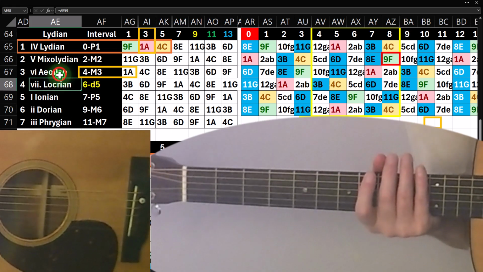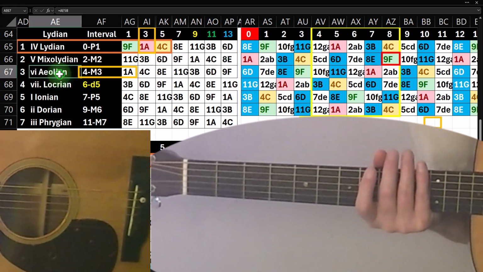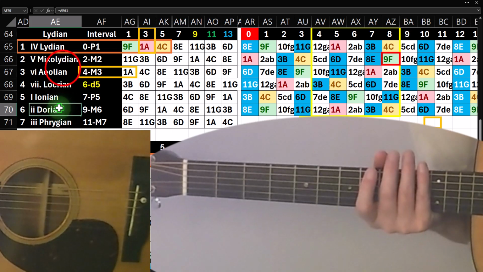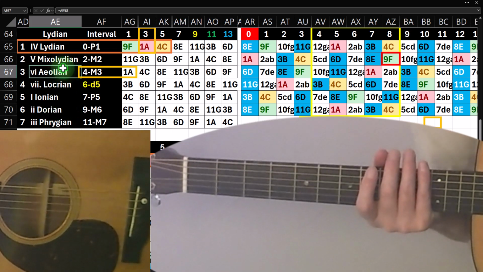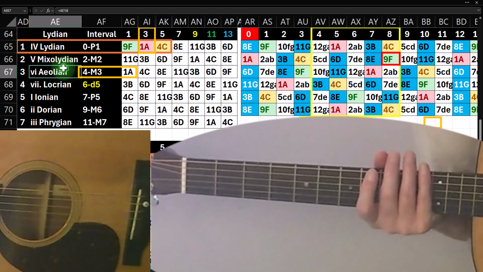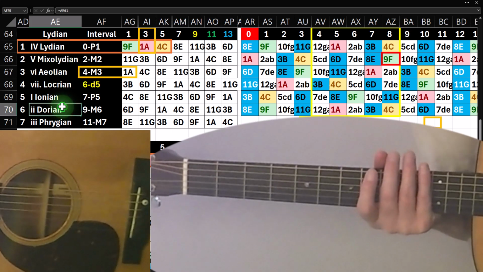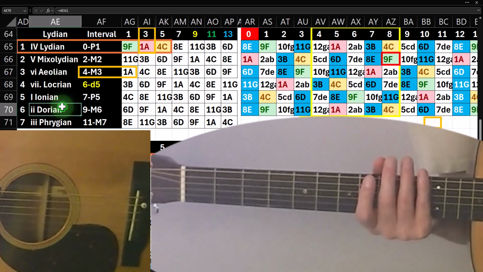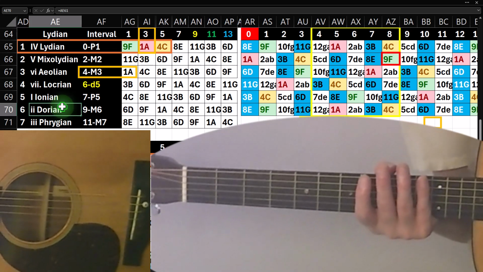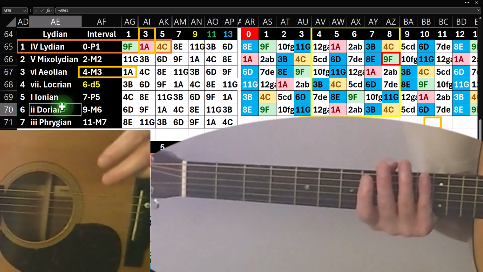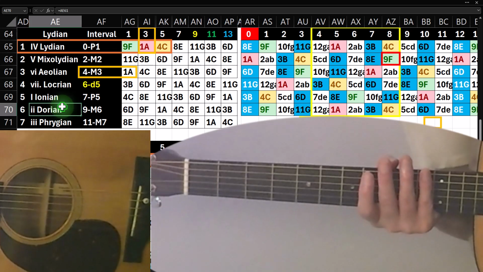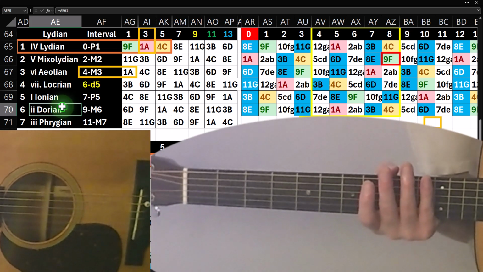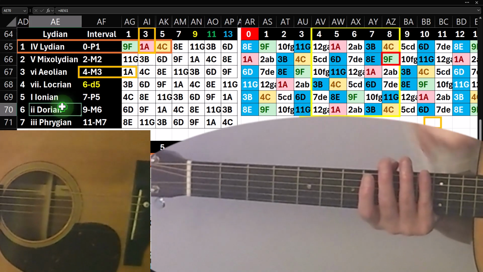You don't want to start over from scratch to memorize the Locrian. You don't want to start over from scratch to memorize like the Dorian mode from the Aeolian mode, right? Because you've already memorized the Aeolian mode, and the Dorian mode only has one interval difference to it. So you want to think of them together, right? It's not totally new. It's all the modes. They're all the same.